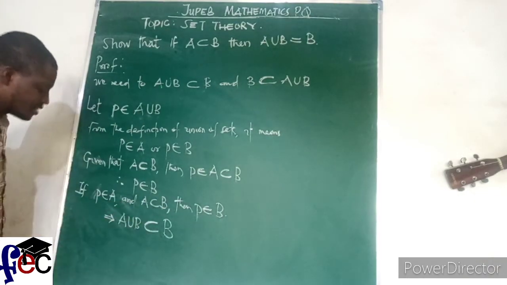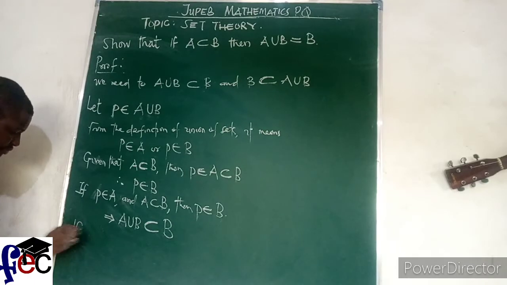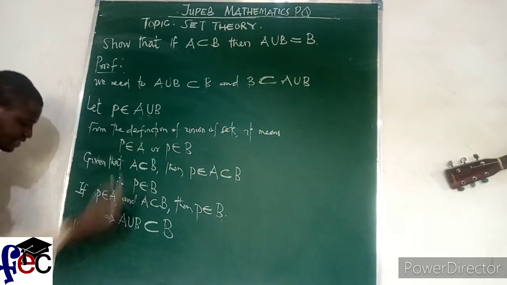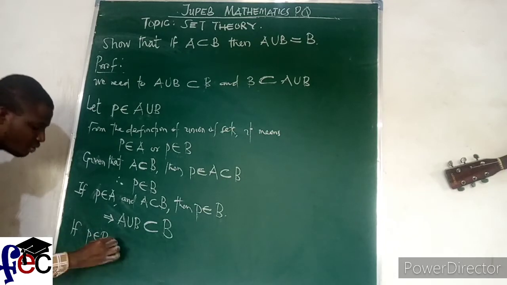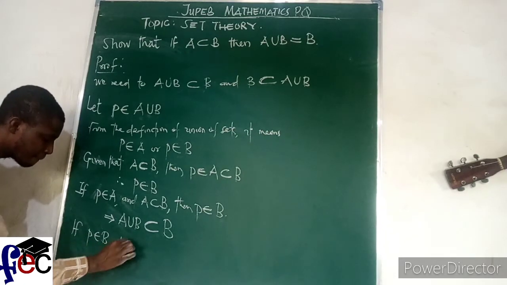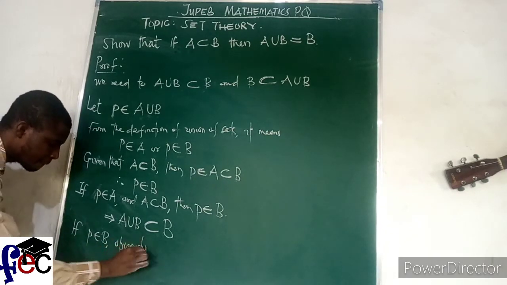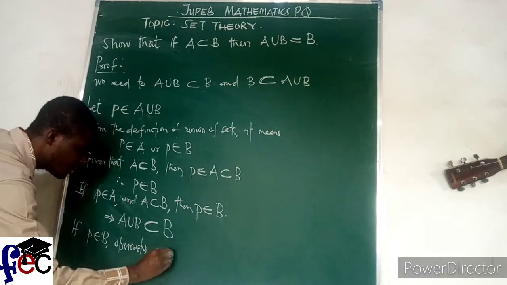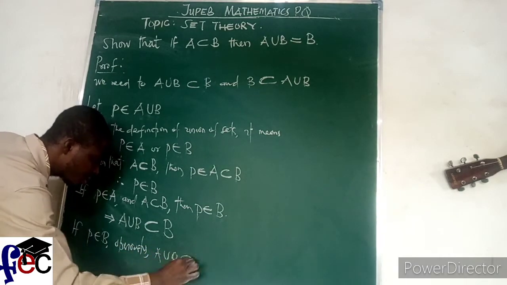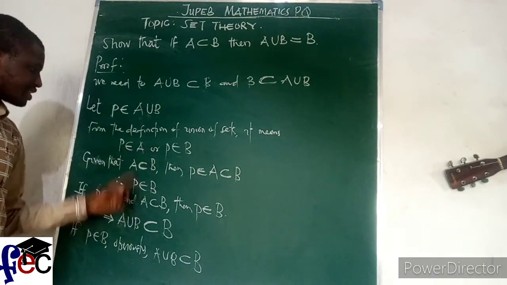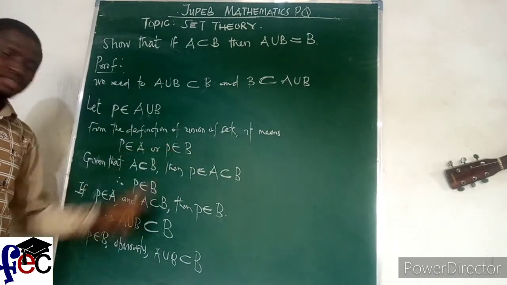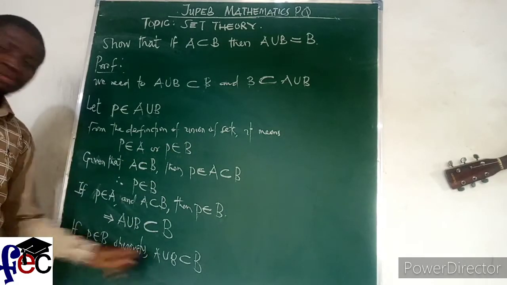Okay, so we have this. And if you are going by this, it's obvious. It's a member of this, then obviously A union B is a subset of this. So from either of the two cases of this or this, we can conclude.